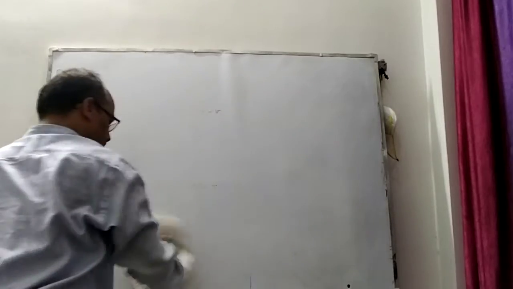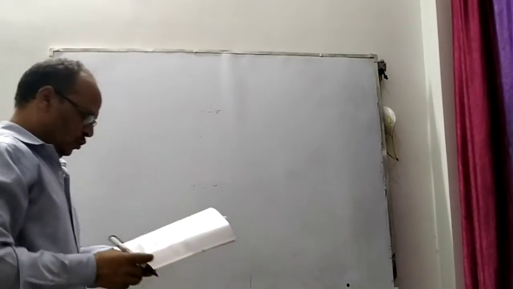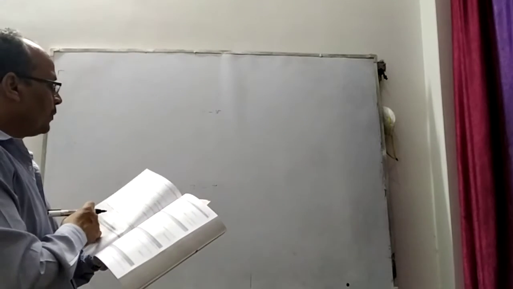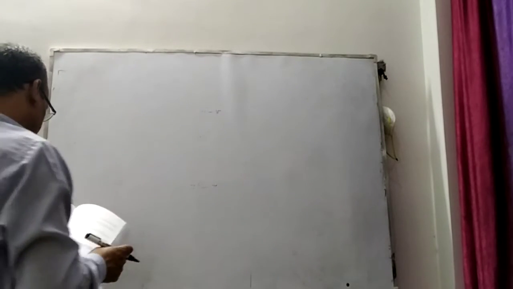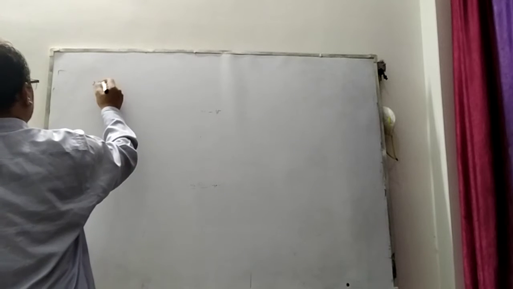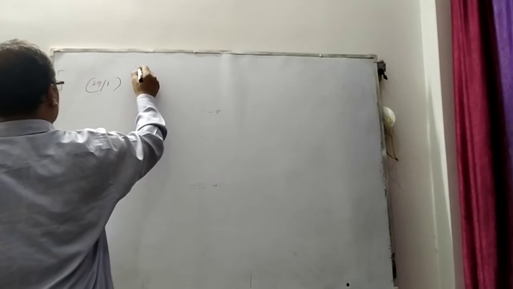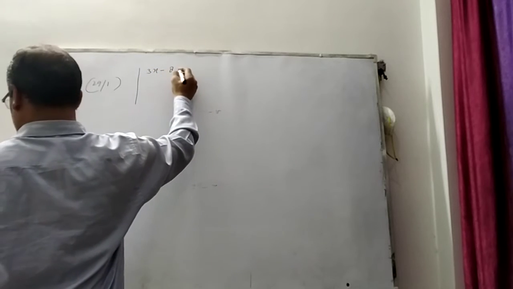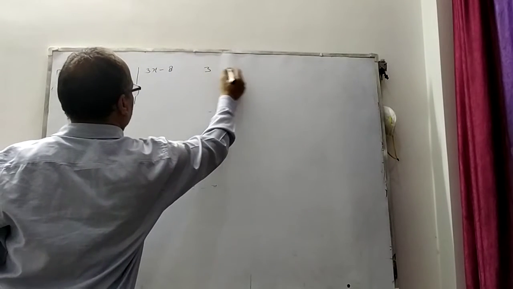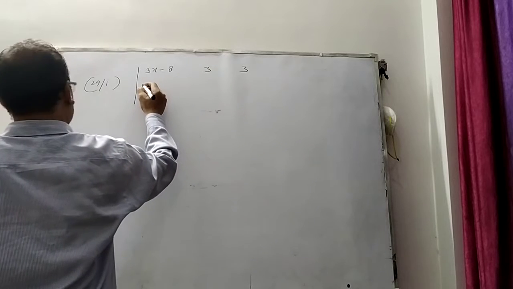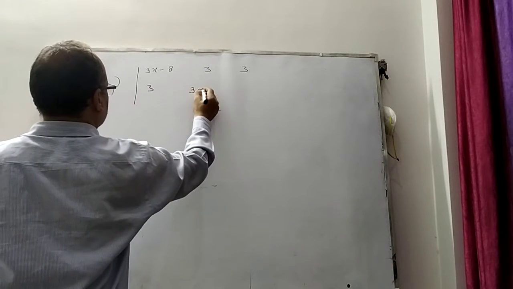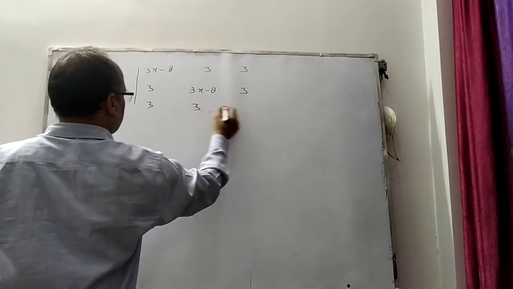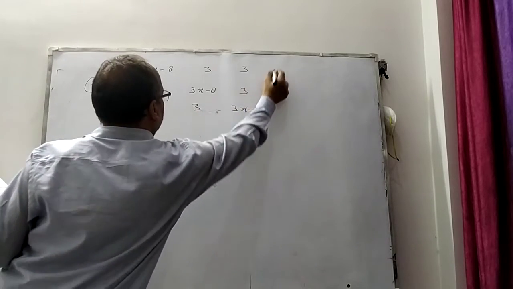Now see question 29, first part. The determinant has 3x minus 8 on the diagonal.